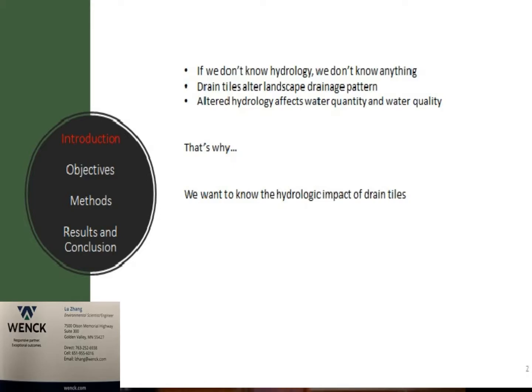And one of the most significant landscape features in the Midwestern Corn Belt is tile drain agricultural land. Drain tiles alter landscape drainage patterns by providing a subsurface pathway for water to move out of the landscape fast. And this altered hydrology will affect how water moves through the landscape and how long it stays in the landscape, so it affects both water quantity and water quality.